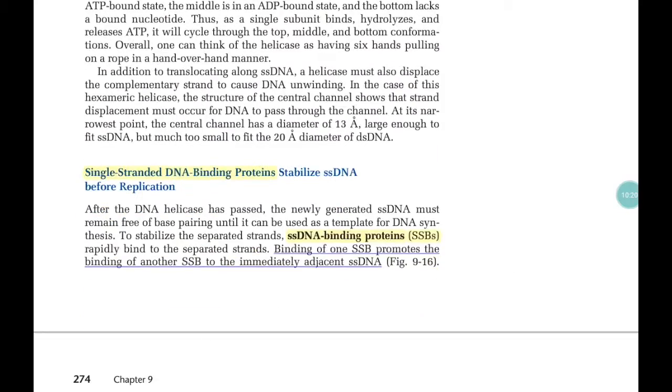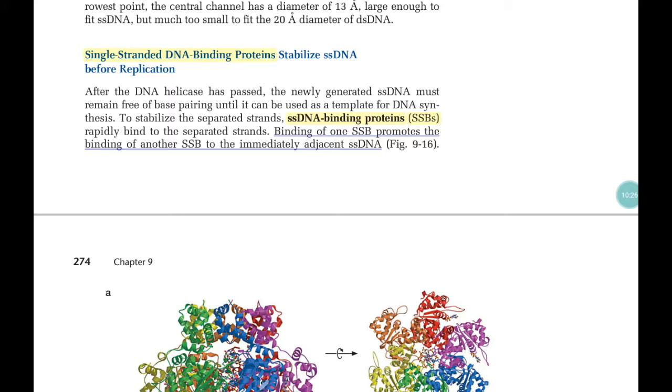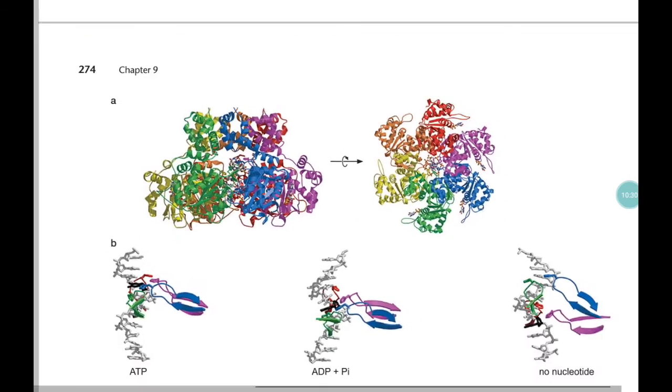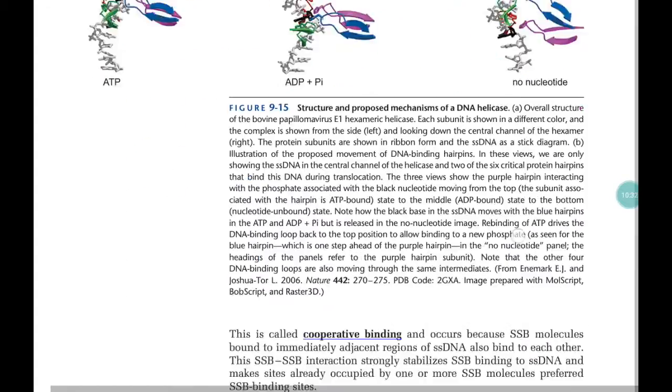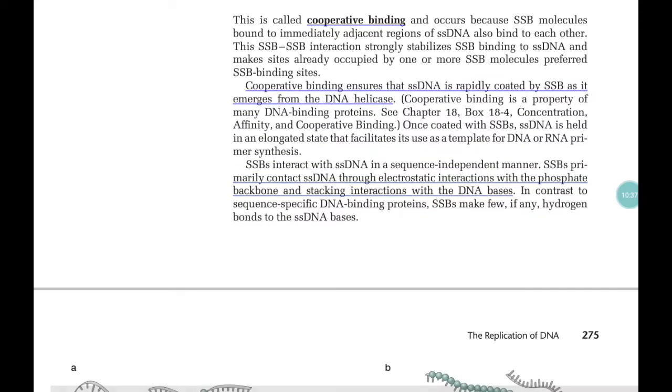Single-stranded binding proteins stabilize the single-stranded DNA before replication, with another SSB binding to the immediately adjacent single-stranded DNA. This is called cooperative binding. Cooperative binding ensures the single-stranded DNA is rapidly coated by the SSB as it emerges from the DNA helicase.